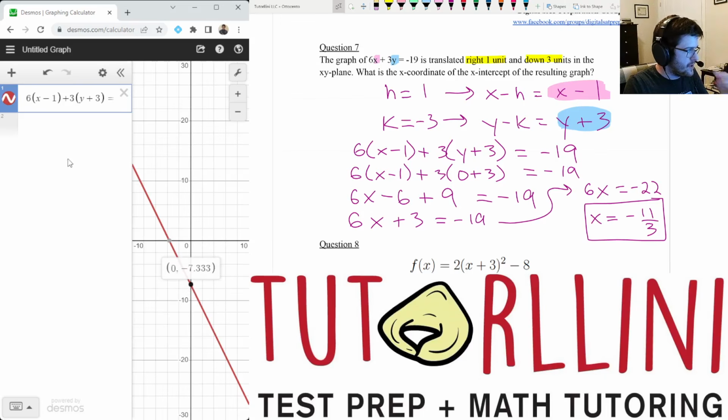It says negative 7.333, and you could type that in to a grid-in, a student-produced response. Or if it's a repeating decimal and you see what the pattern is, just type it in a bunch. Ooh, did I do something wrong? Maybe I did.